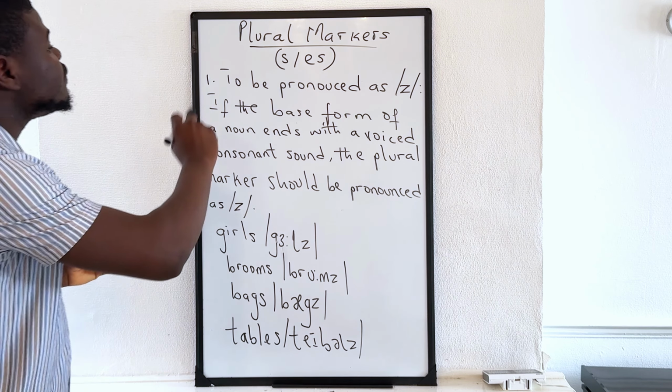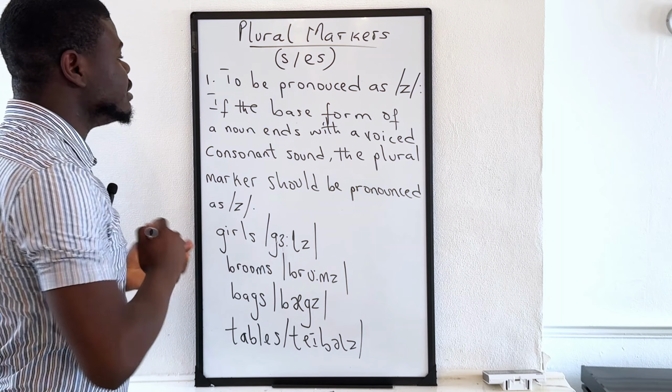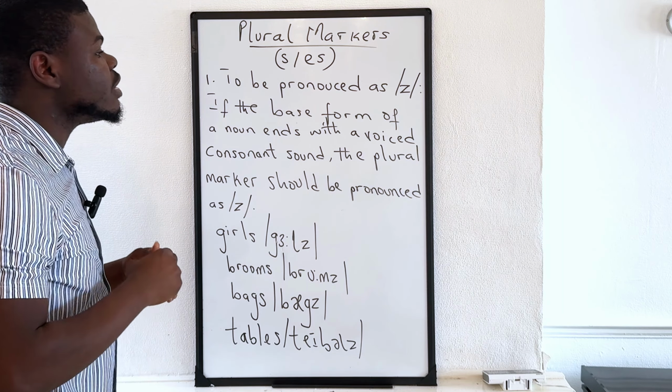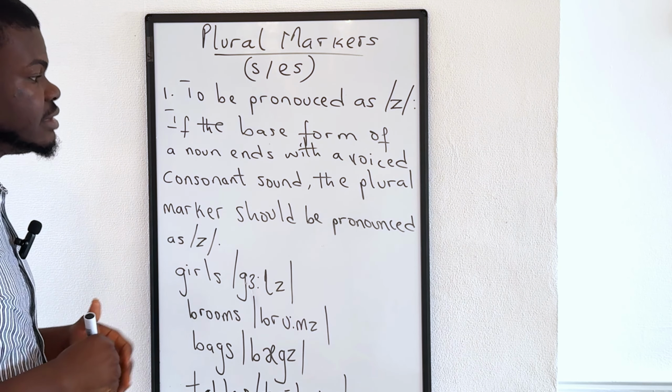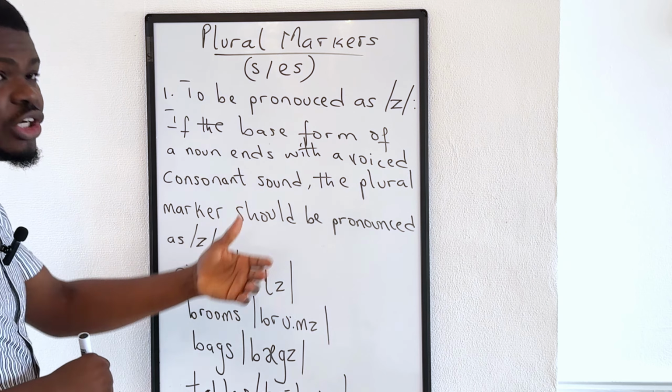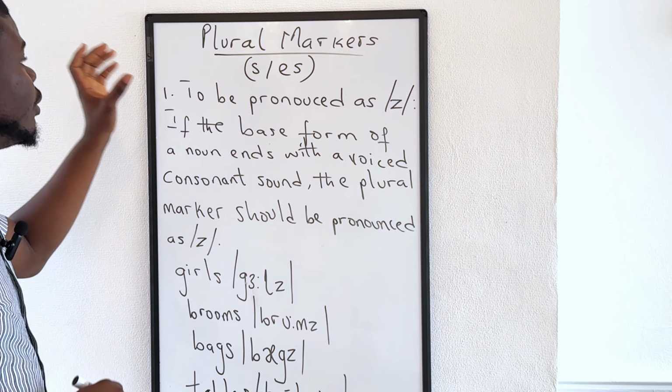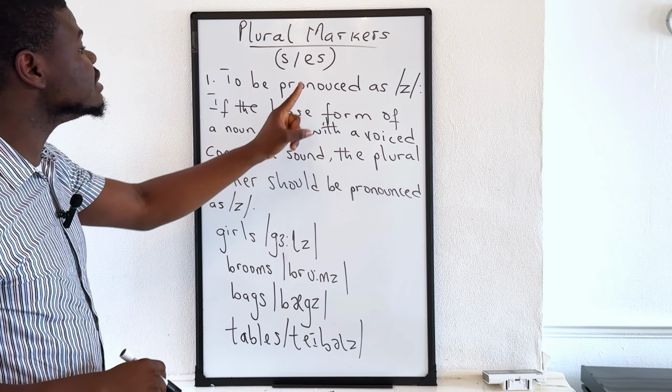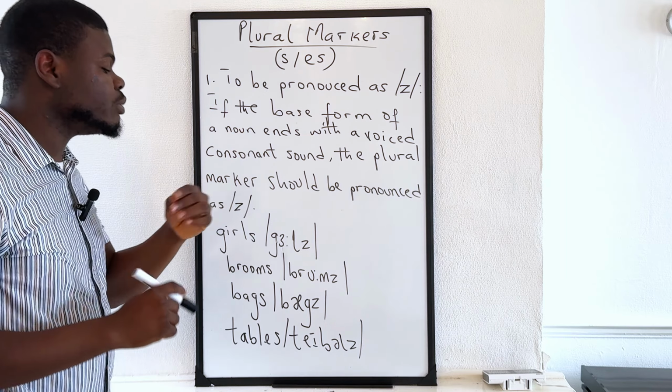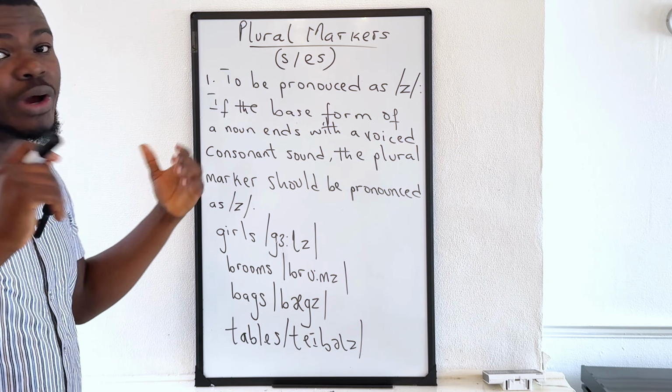Now, if the base form of a noun ends with a voiced consonant sound, I'll tell you what voiced consonant sounds are, but now what do we mean by base form of a noun or any word at all?